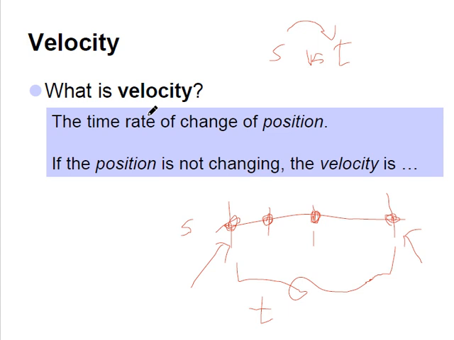So what is the rate at which this particle changes position with respect to time? The key word is rate, the rate of the change of position with respect to time. It's got to be with respect to time, because without time, you will never have a rate.